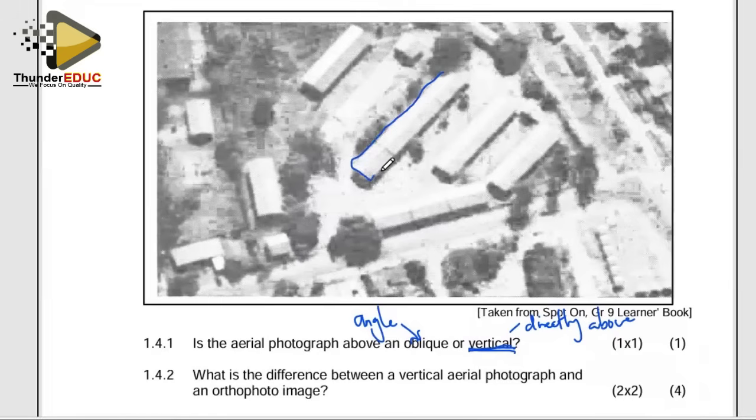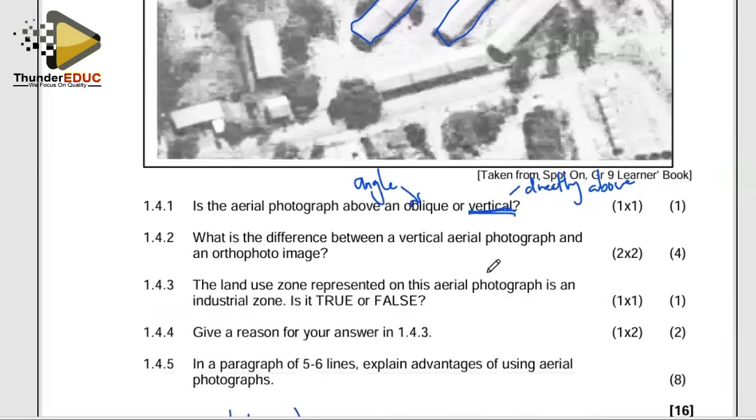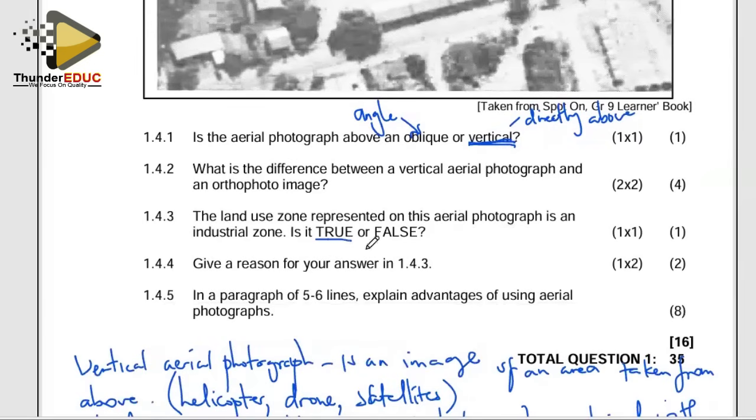This building here, if you are to convert this distance to a scale of 1:10,000, this is a very big building. And also here, if you are to convert this whole building to a scale of 1:10,000, it's a big building. So it actually shows that this place has got very big buildings, which qualify it to be an industrial area. So it's true.